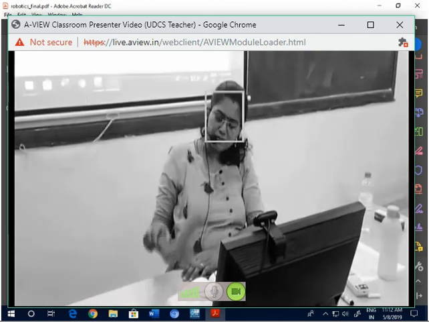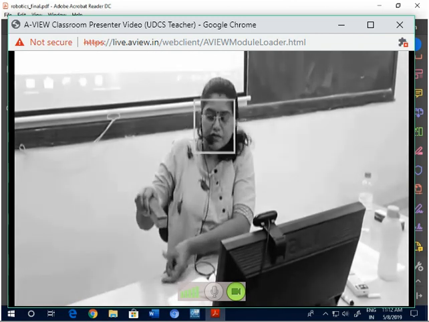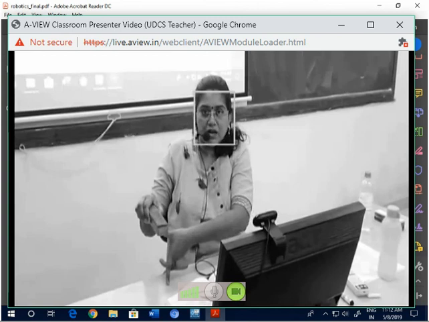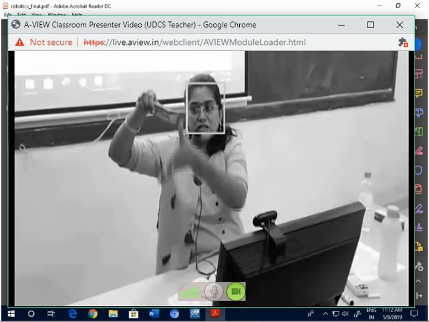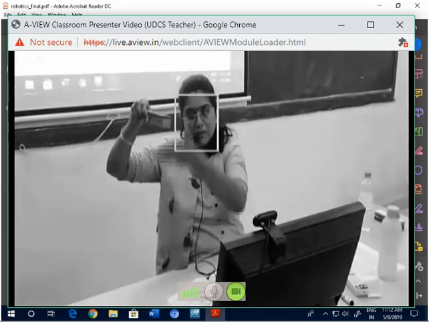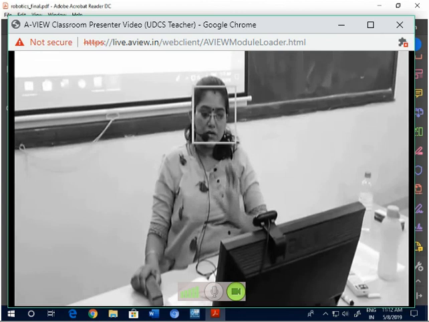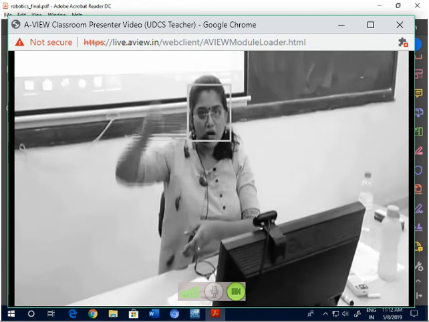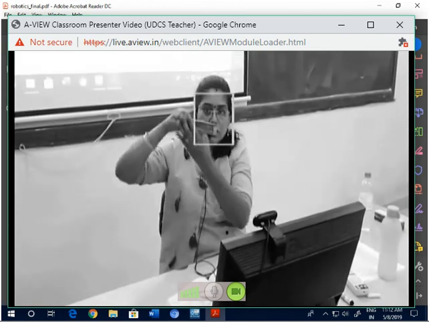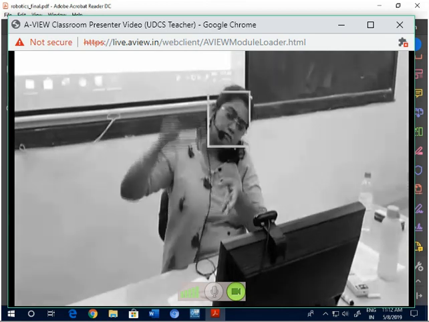Suppose you are picking up to this distance, this will be your D pick. If you are picking up to this distance, it will be your D pick. The pick distance is the distance to which your arm or the tool picks up the object.